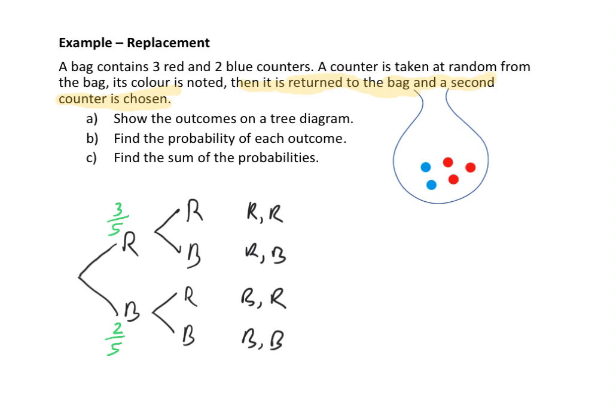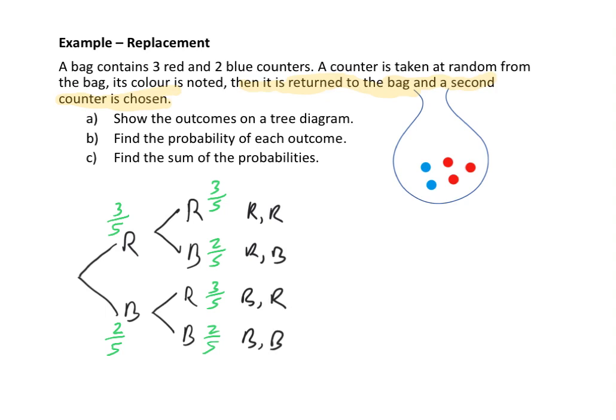So the probability of getting a red is 3 out of 5, and the probability of getting a blue is 2 out of 5. So now that I've assigned those individual probabilities for each step on my tree diagram, I can work out the probability of my final outcomes.